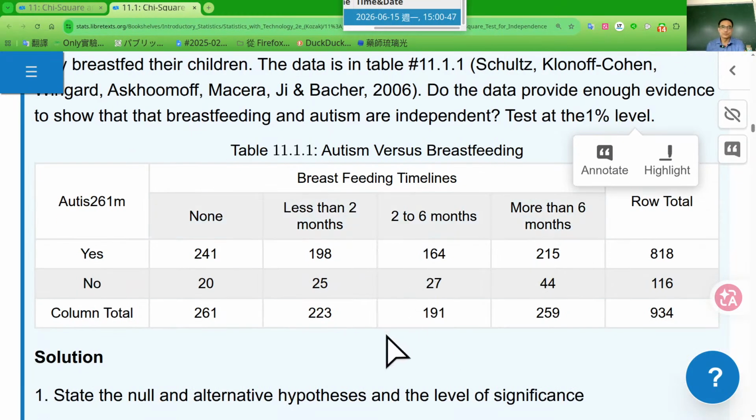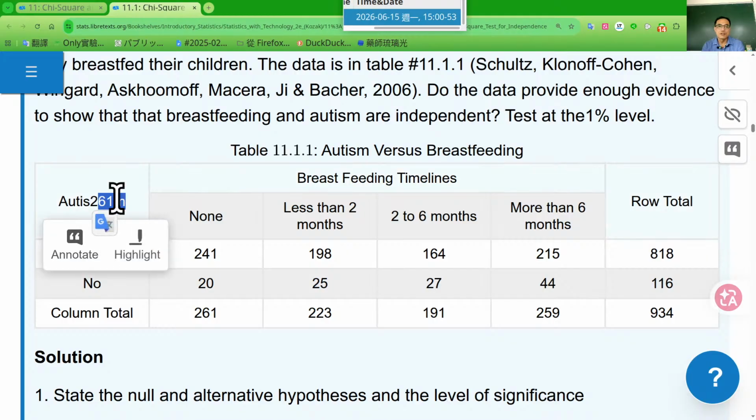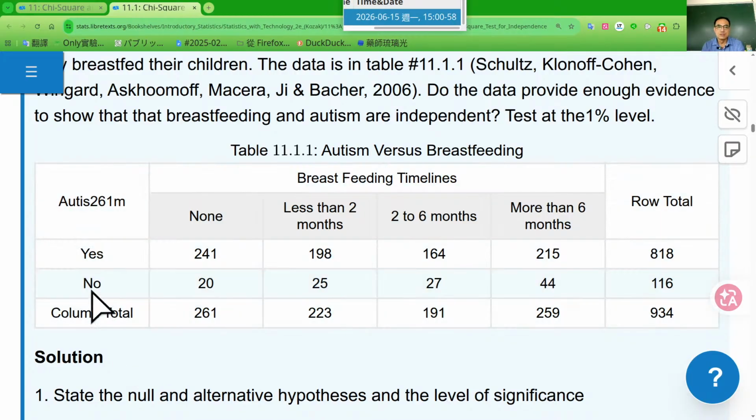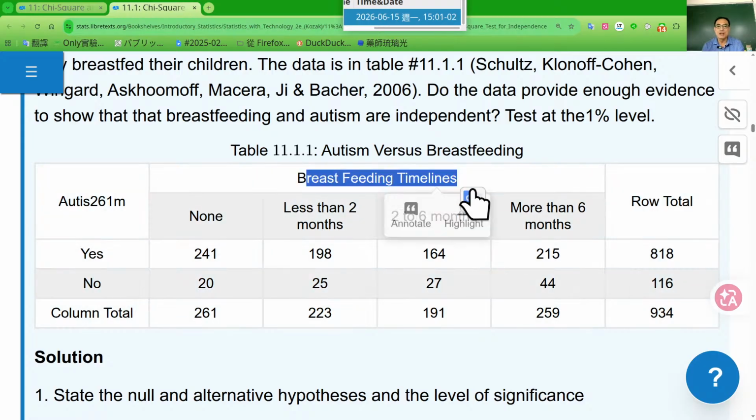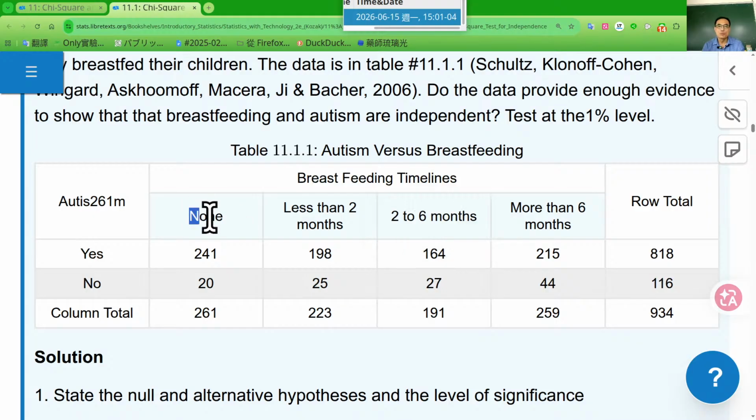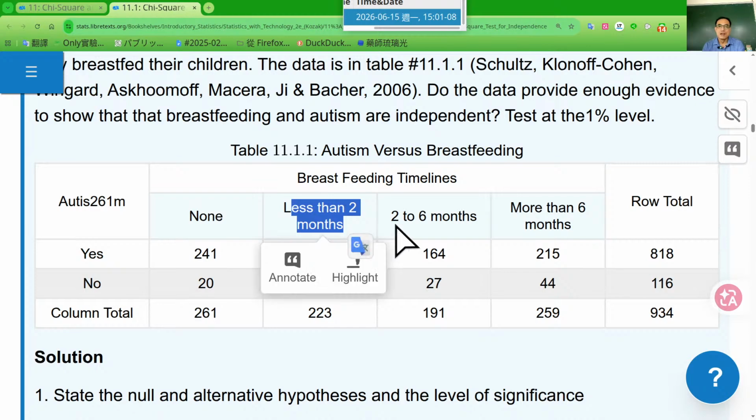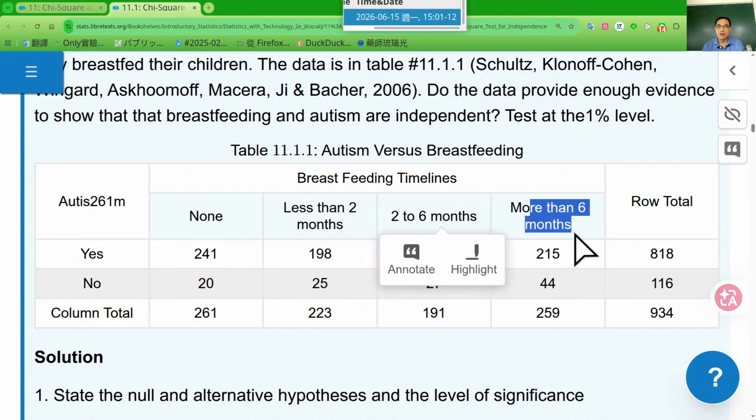Let's check here. In the first column, autism, yes and no. And the breastfeeding timeline: no breastfeeding, less than 2 months, 2 through 6 months, more than 6 months.